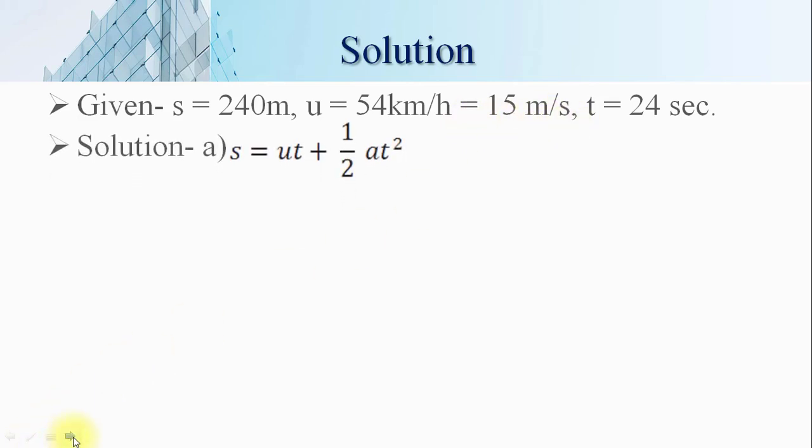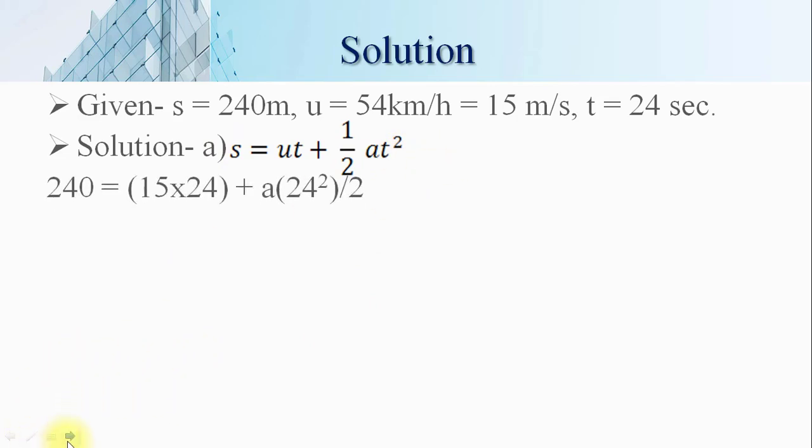In the solution, the first part we are asked, so for that we are using the equation S is equal to ut plus half at square. So just put these values over here. We are asked to find the deceleration of the car. Here the question is how to choose this equation, because we have three equations. Out of the three equations, which one is useful?